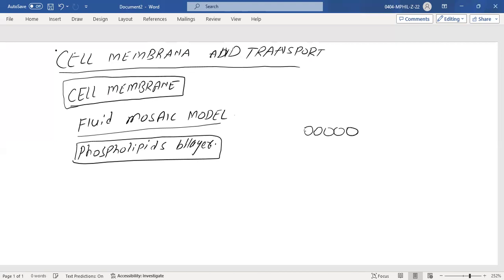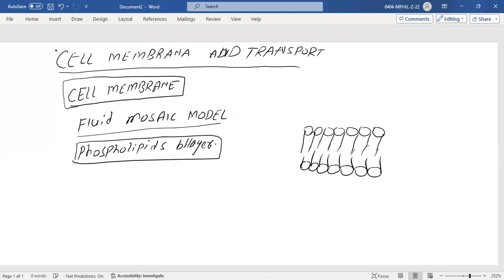There are continuous layers of heads on both sides of the membrane like this, and these tails are inside, towards each other, like this. So this is how these phospholipids are arranged.